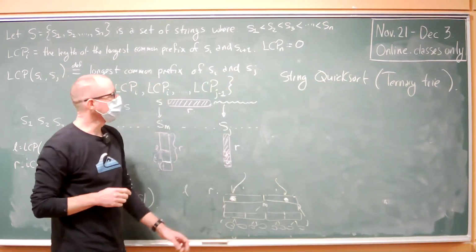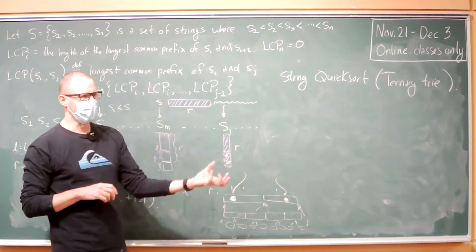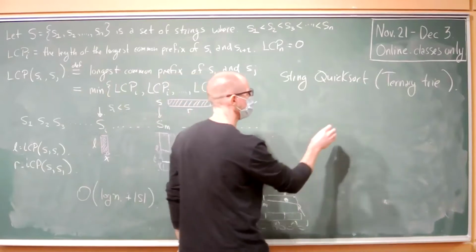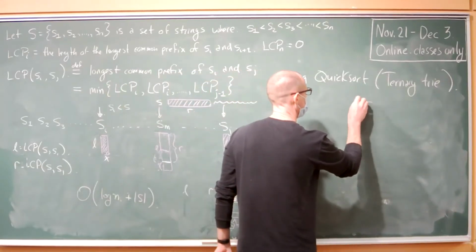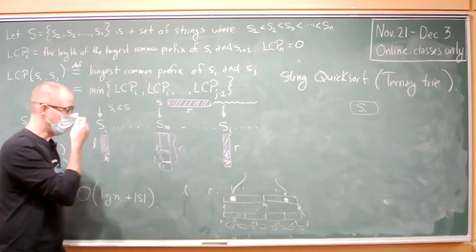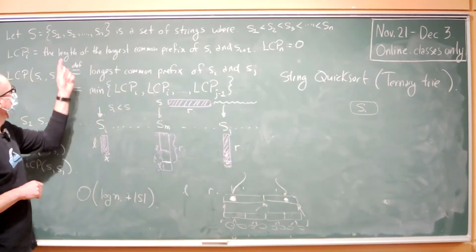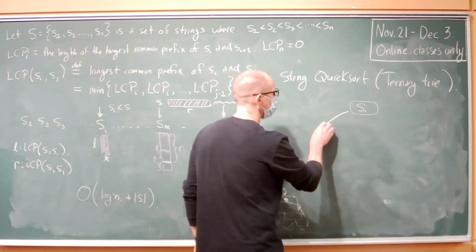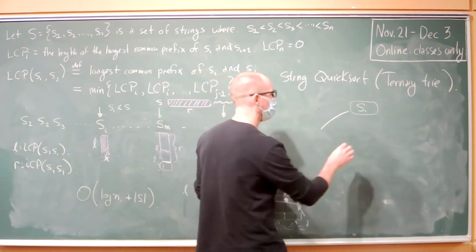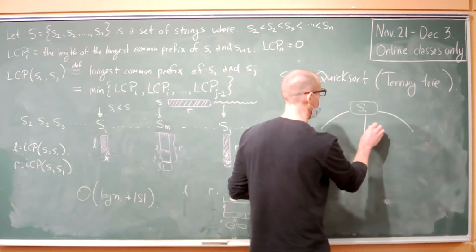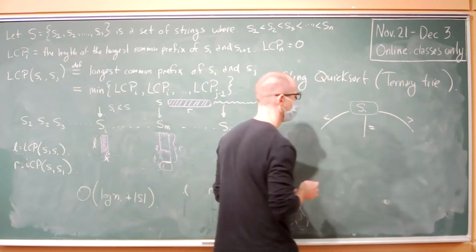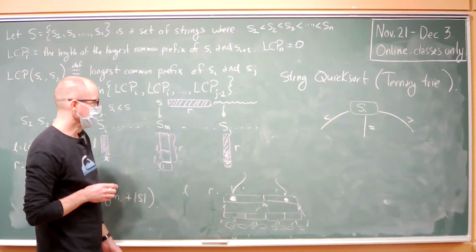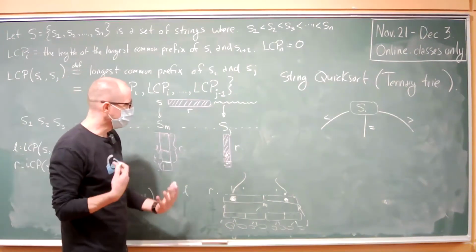So what is string quicksort? In string quicksort, you pick a random string, so it's going to be one of these guys uniformly at random, Si. You compare the first character of every string to the first character of the string you just picked. And that first character is either going to be smaller, or bigger, or equal.